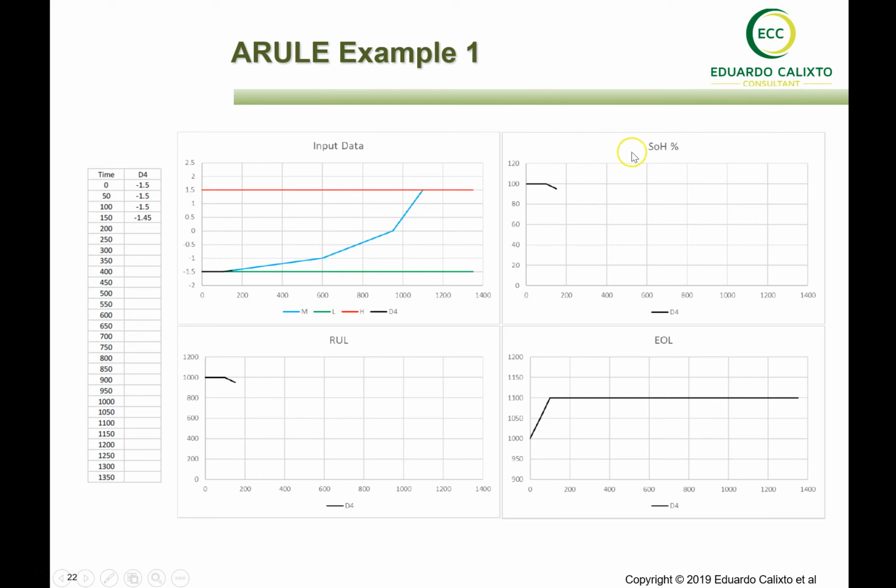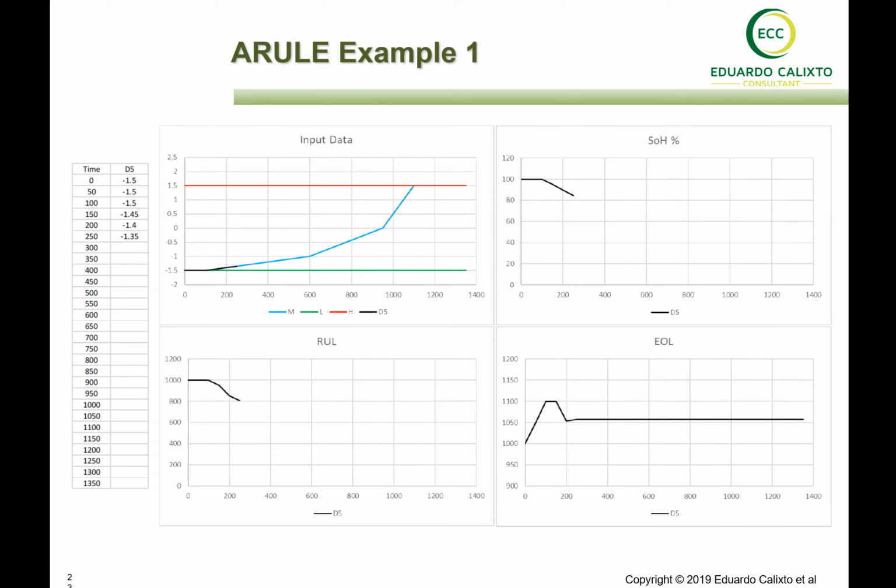Now you no longer have a state of health of 100%, but it is still very high, 95% or higher. Then a second point comes, and now your remaining life is 800 days and no longer 1000.